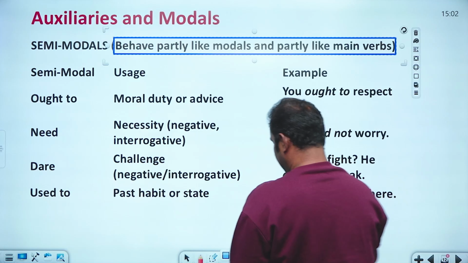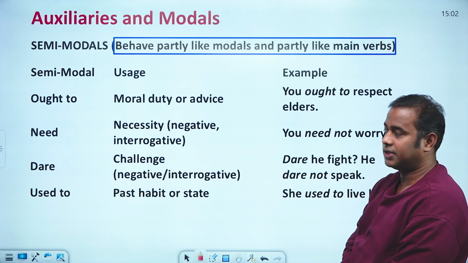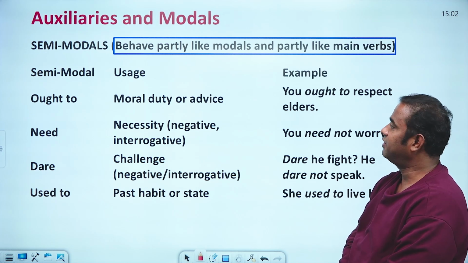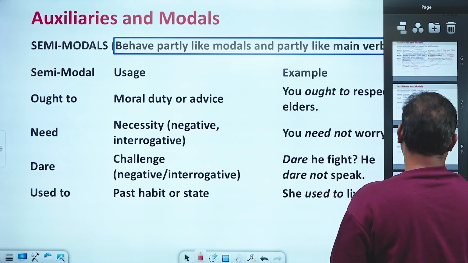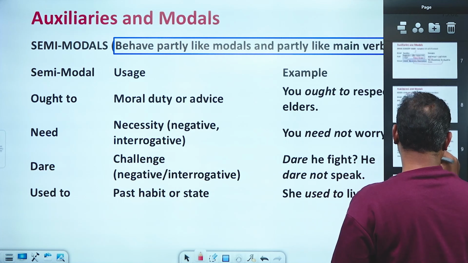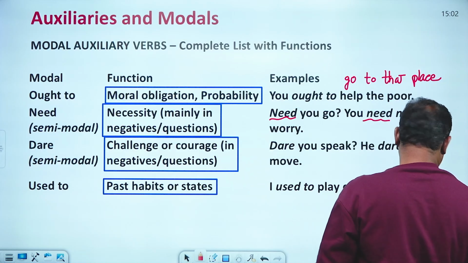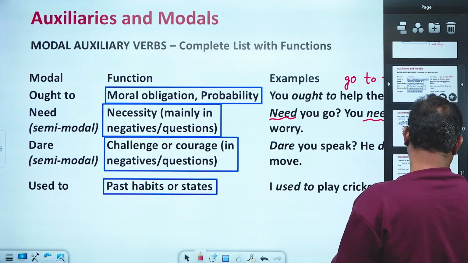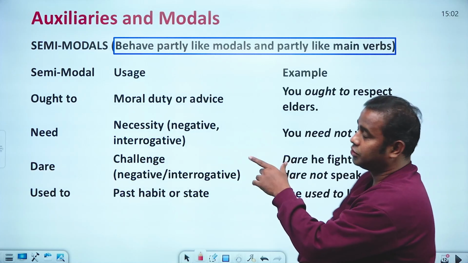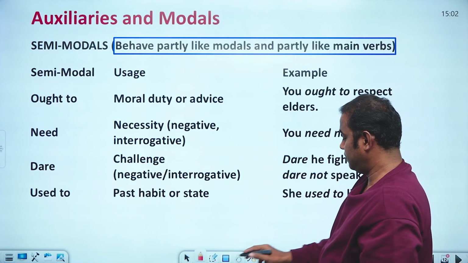That is why we had put the slide here. So moral duty or advice, the same thing we have seen just before, moral obligation or probability. Likewise here, ought to means moral duty or advice.